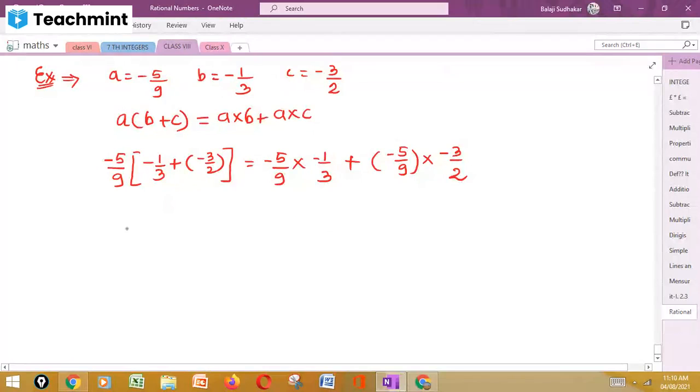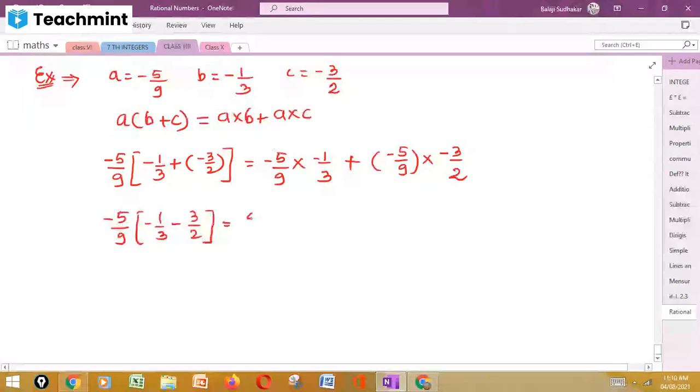Now, minus 5 by 9 into bracket minus 1 by 3 plus minus 3 by 2. And here you have to multiply minus into minus, plus.